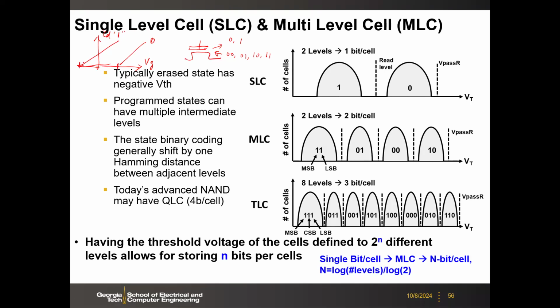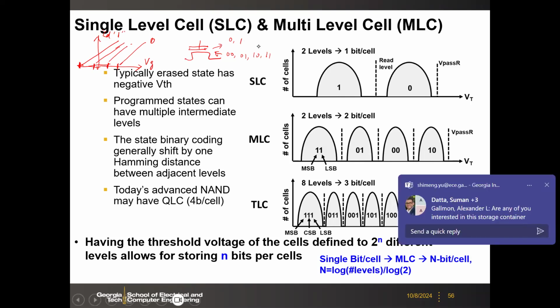The VTH is an indicator of the state. And then the idea is to insert more levels in between so we can create intermediate states. Then we can encode the data into 4 levels. That means 2 bits.